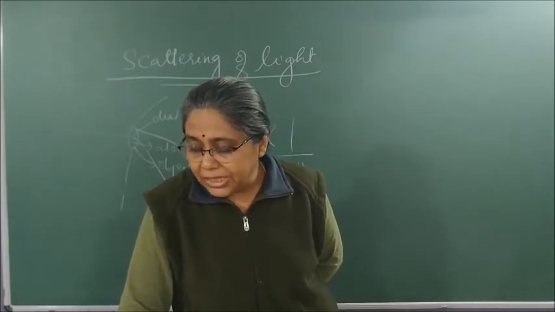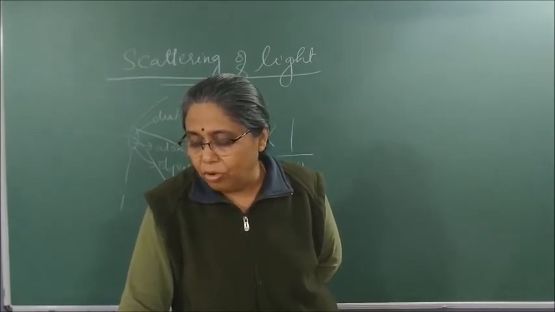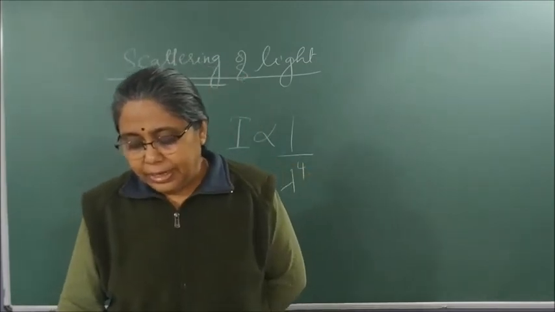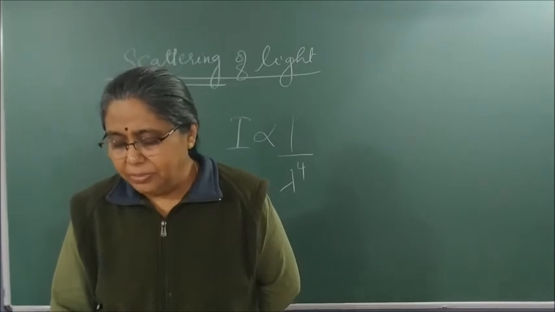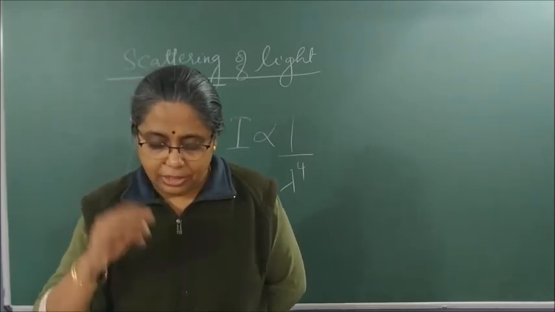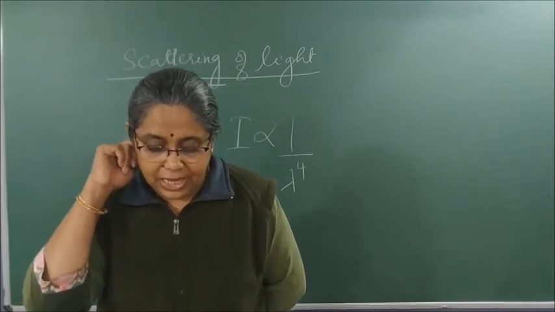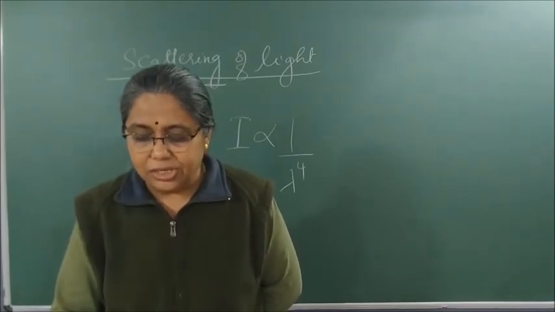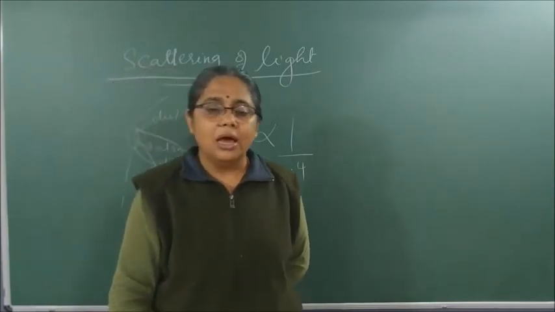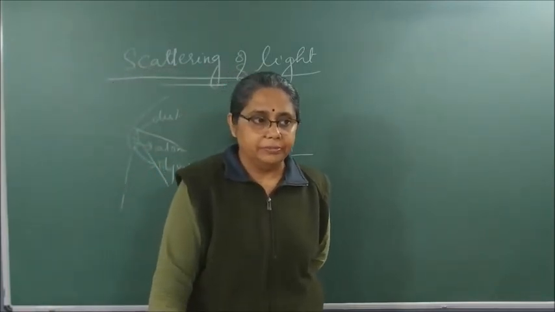It can be seen even during fog or smoke. It can be seen in the same color at a distance. Underline that: it can be seen in the same color at a distance. And hence, danger signals are painted red.